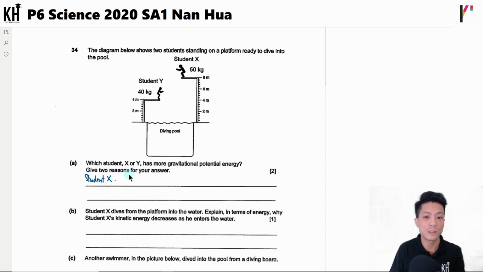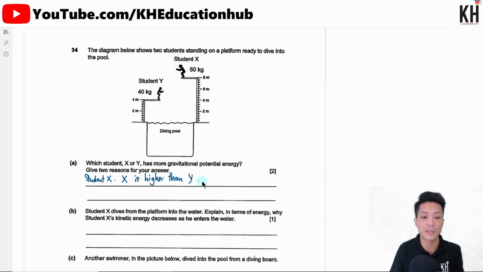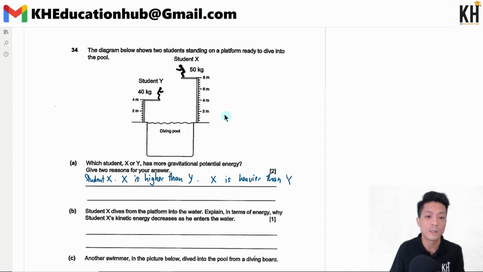One reason is that student X is higher than Y. The higher object will definitely have more gravitational potential energy. The other reason is student X is heavier than student Y, because student X is 50 kg and student Y is 40 kg.